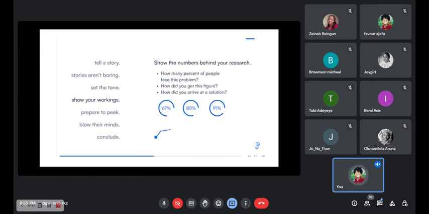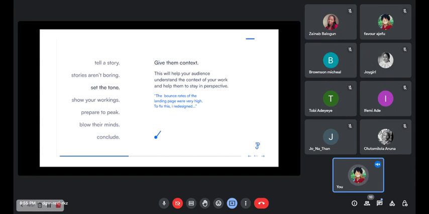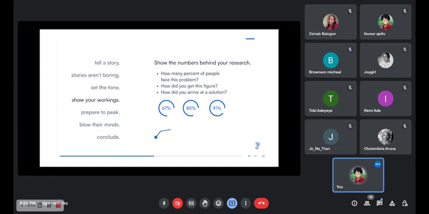Then you show them the numbers behind your research. That's where you show how you found out that this bounce rate problem was actually an issue. So you conduct research. There are various ways of conducting research. I believe that has been touched on by another mentor.